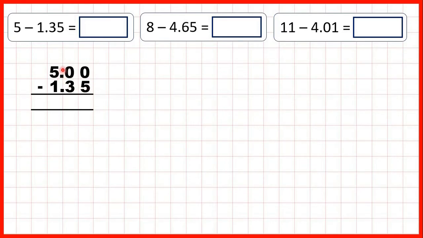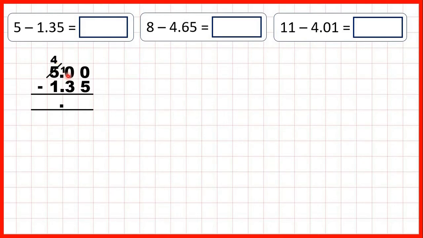First, we need to remember to copy the decimal point down into our answer, and now we can solve it working from right to left. So first, we have 0 minus 5. We can't do that using the column method, and if we look to the left, we have another 0. So we need to go all the way over to our ones column, 1 less, 1 in front.